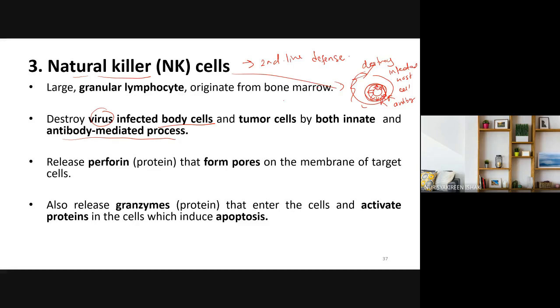So sebab itulah kat sini dia melibatkan both innate and antibody mediated processes. Innate is the NK. Okay, NK that destroys the host cell. Antibody sebab apa? Bila host cell is destroyed, it exposes the virus to the antibody circulating in the body fluid.